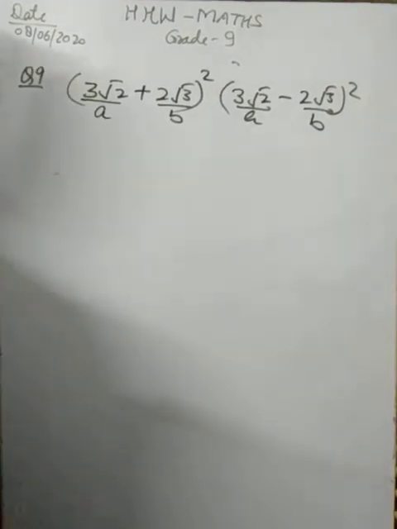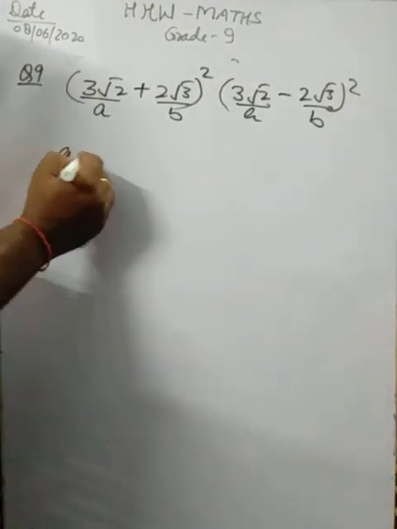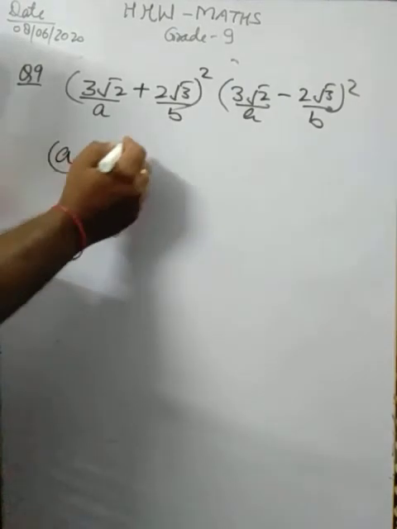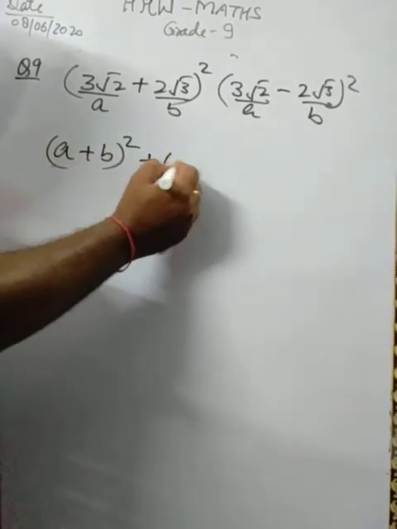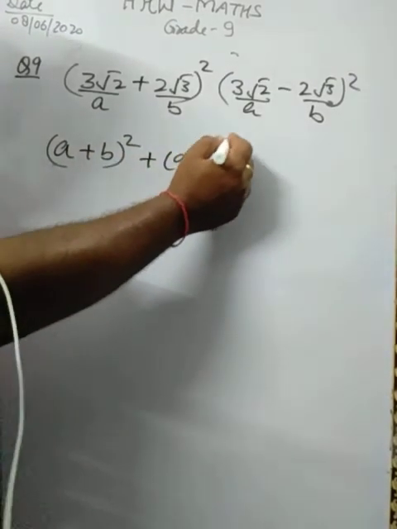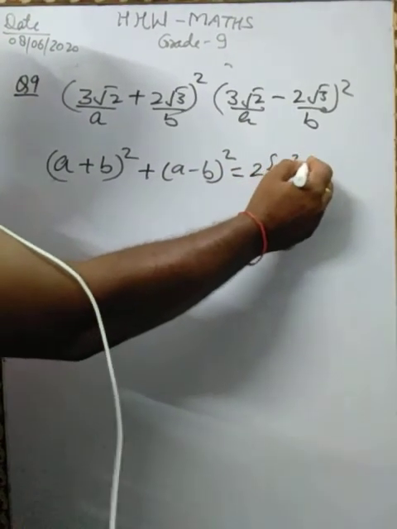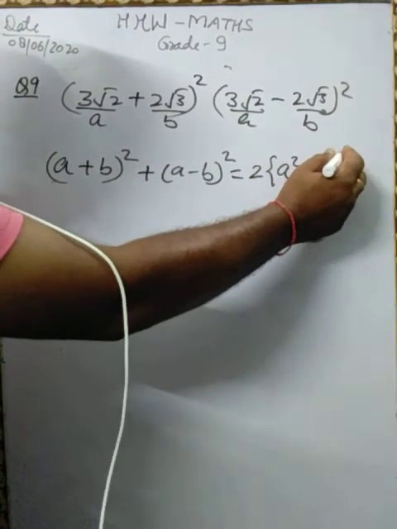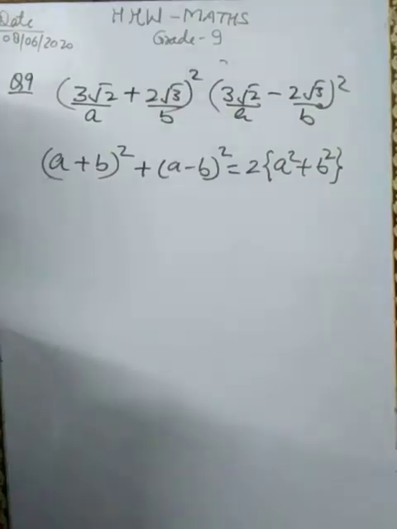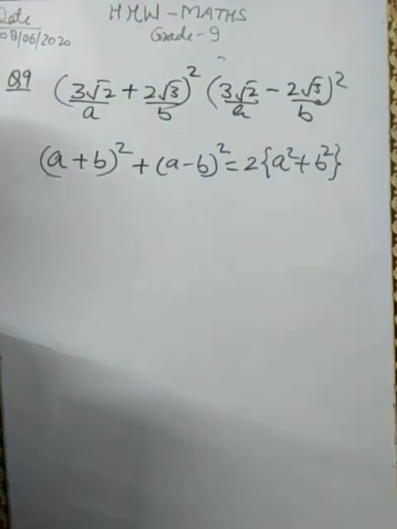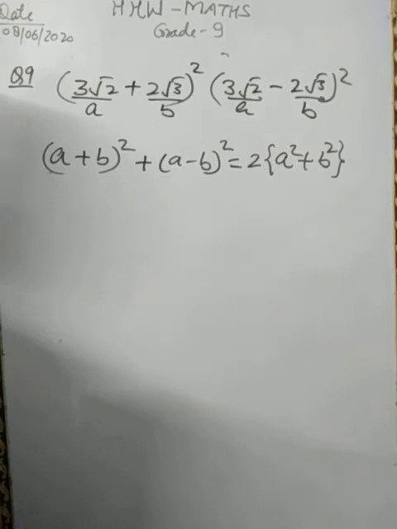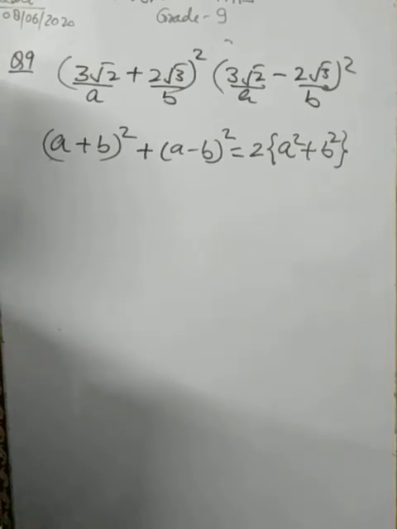Means you may write (A plus B) whole square plus (A minus B) whole square equals twice of (A square plus B square). Correct? Is it clear?